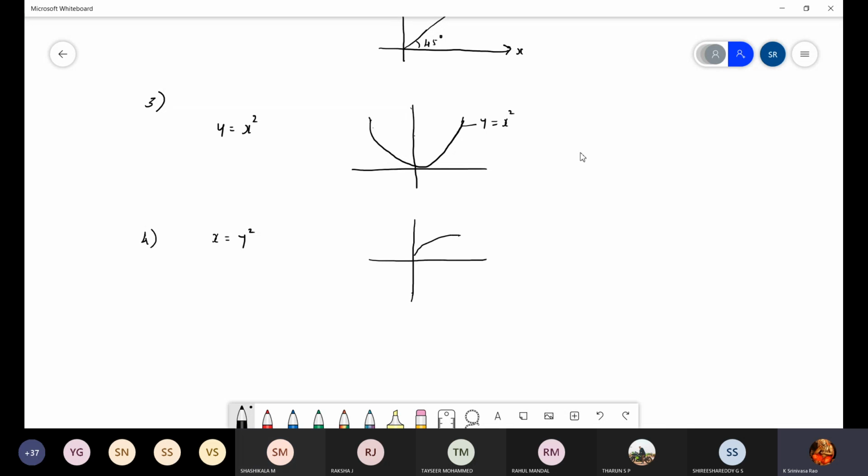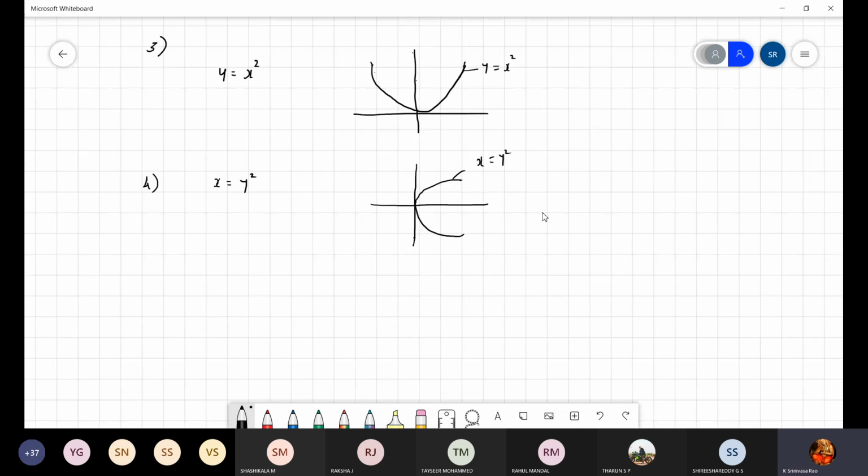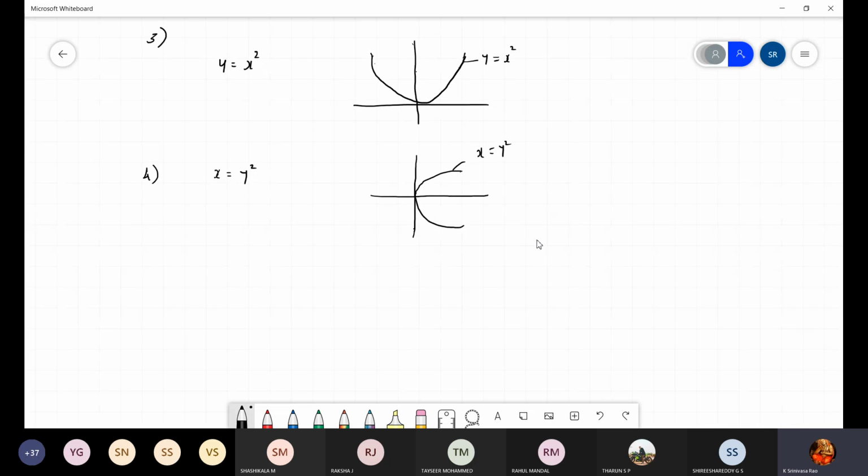That's how we will call it. So this is that parabola: x equals y square, or y square is equal to x, or y square is equal to 4ax, the standard form. To solve the problem, we require these curves. That's why I'm giving them. Okay.